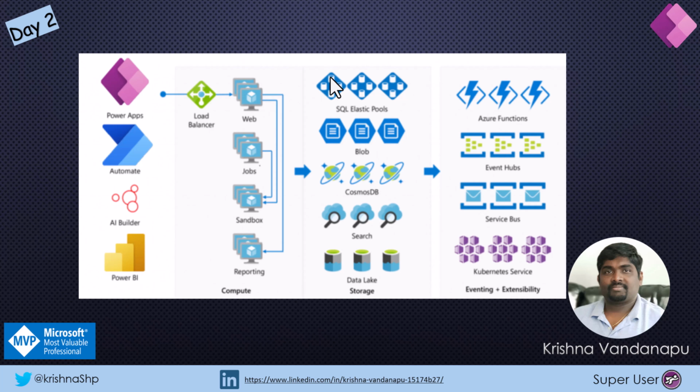What the SQL elastic pools do is expand the data storage as and when the user enhances the storage limit for each environment. Last but not least, it can even communicate with Azure Functions, Event Hubs, Service Bus, and Kubernetes services. These are another set of functionalities and features that come under the Office 365 umbrella.